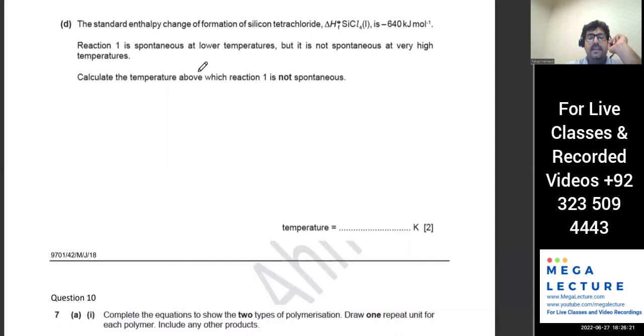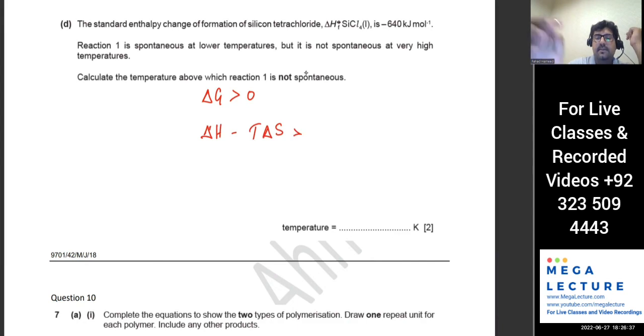So he's asking, calculate the temperature above which reaction 1 is not spontaneous. That means delta G must be greater than 0. That means delta H minus T delta S must be greater than 0. And you just plug in the values. They've given you the enthalpy value, that's minus 640.